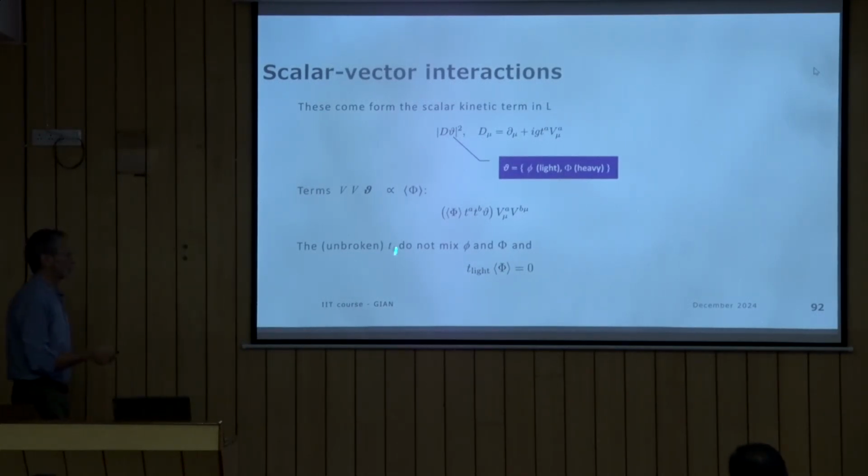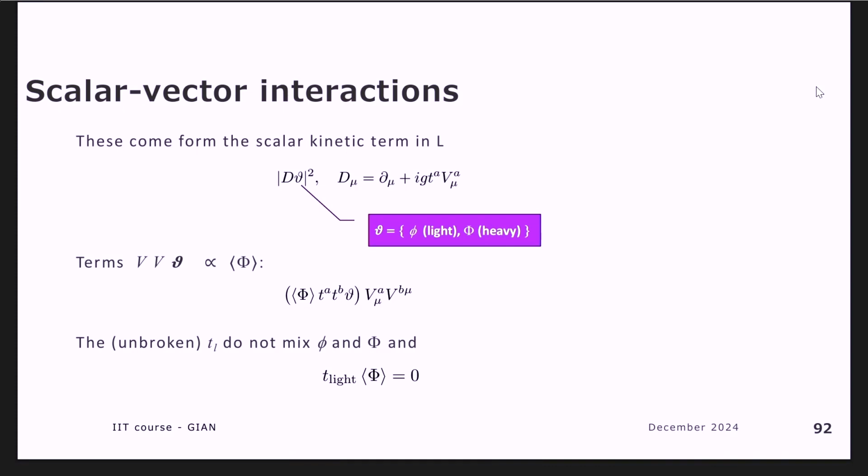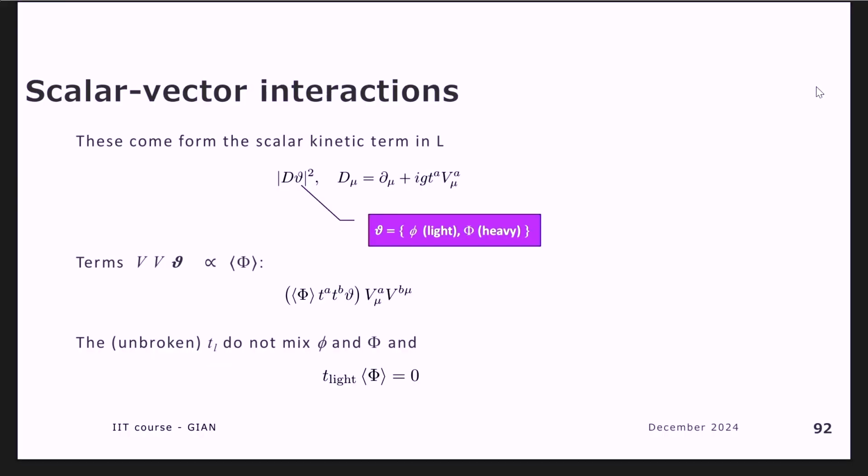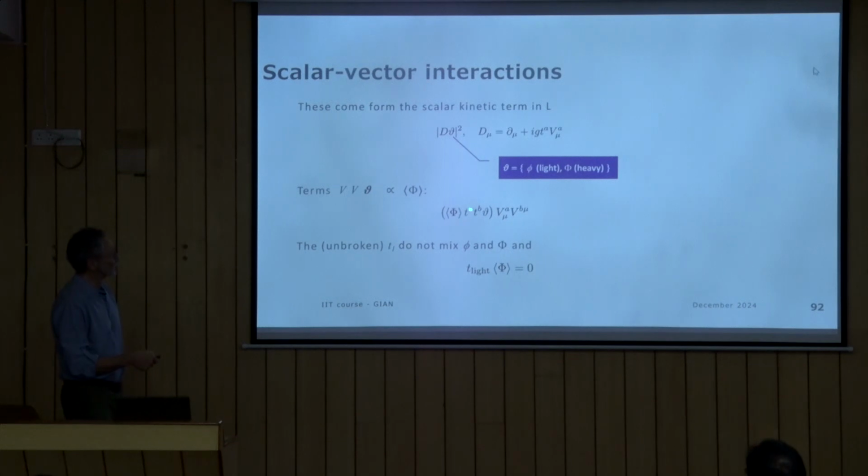Now, as in the other case, the unbroken generators do not mix heavy and light. And because they are unbroken, they annihilate the vacuum expectation value of this guy. That's the definition of unbroken. And so, if this is a light guy, you will get 0, and the corresponding cubic vertex will vanish.